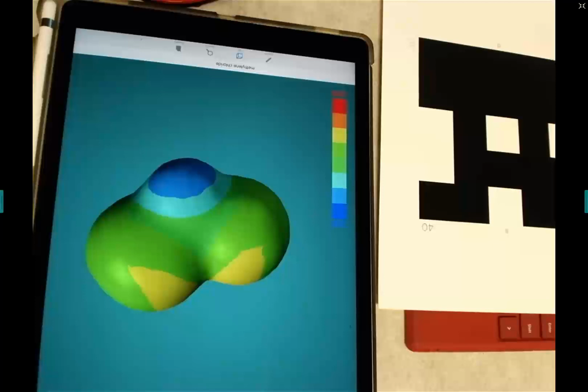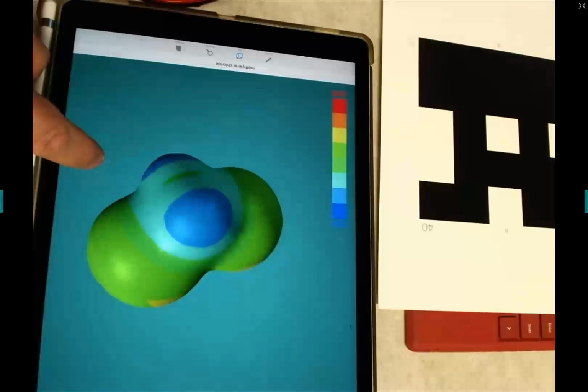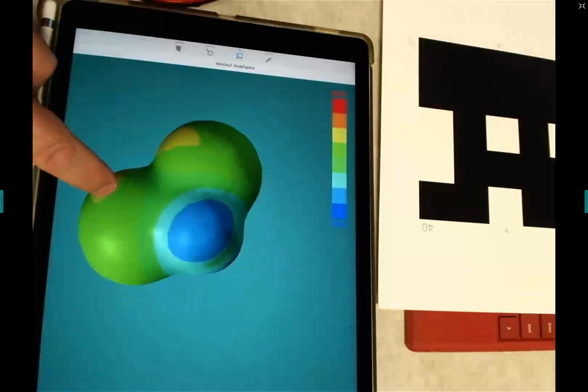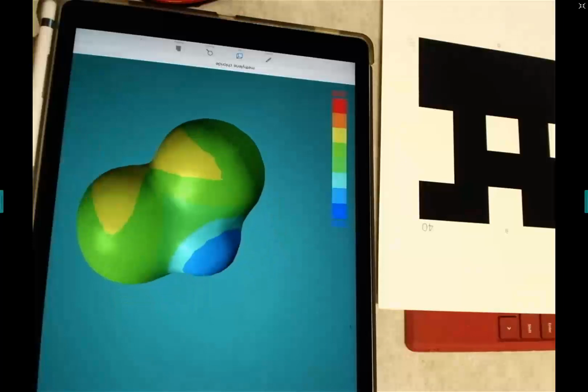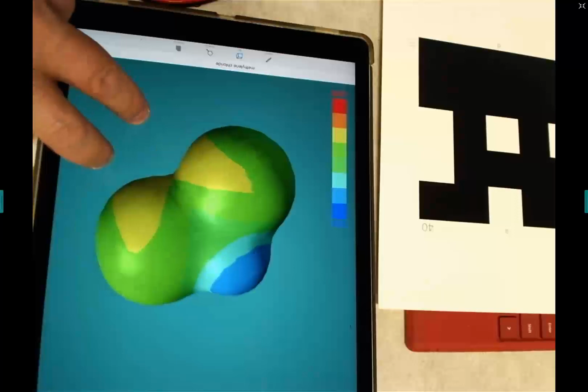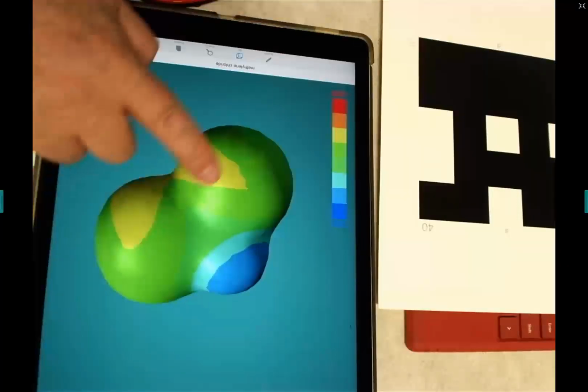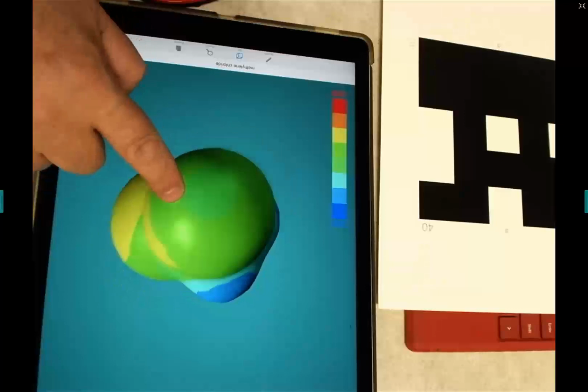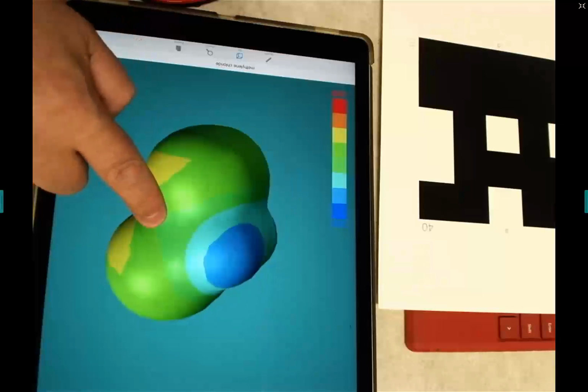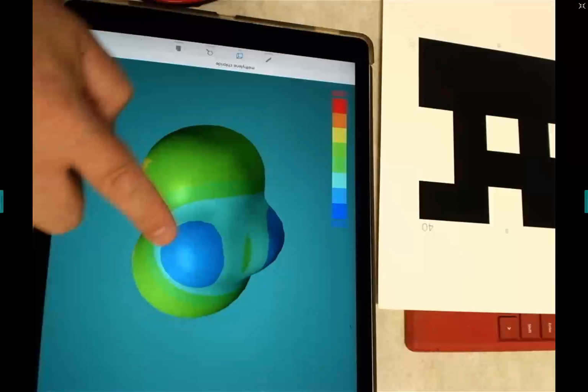It would all just be kind of gray. But the color coding is that blue is positive and yellow is negative. So notice in this molecule, I've got the negatives around where the chlorines are, and the positive where the hydrogens are.